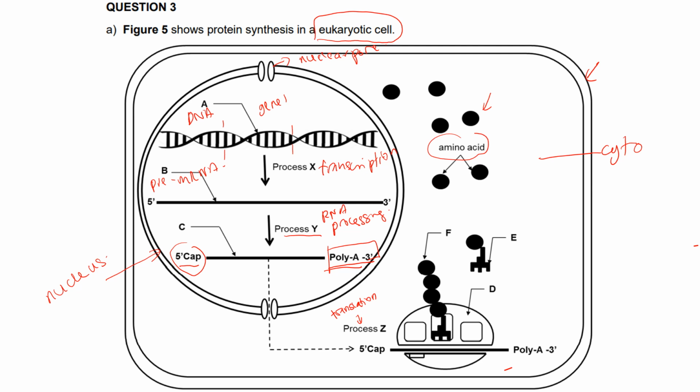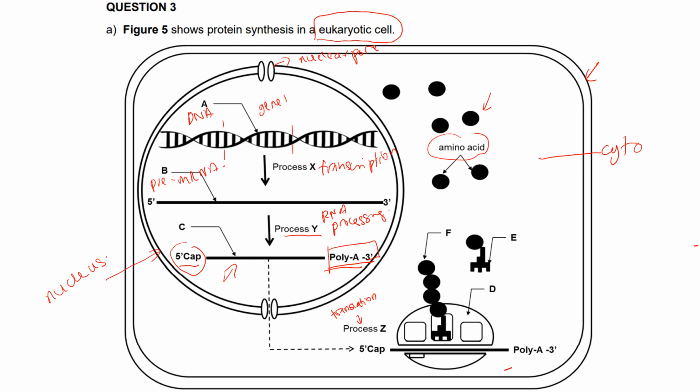The next stage of RNA processing is removal of introns. Within the DNA you have many non-coding sequences, and these will also be copied into the pre-mRNA molecule. You do not want the non-coding sequence, which we call intron, so it needs to be removed.